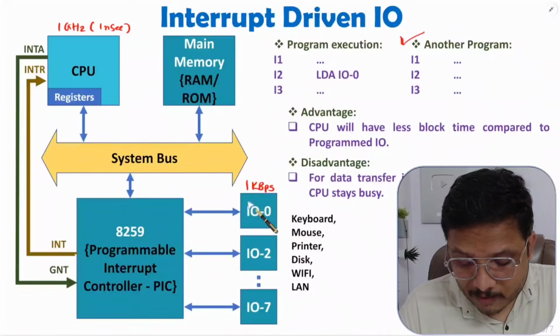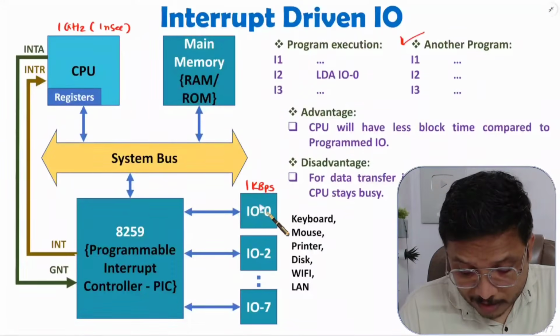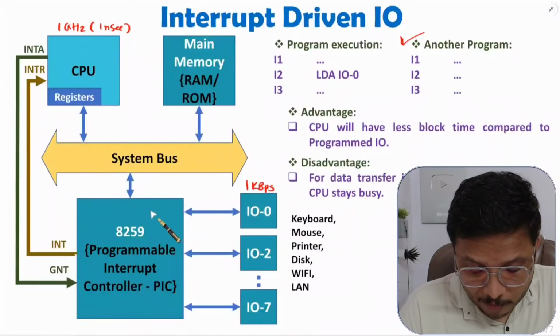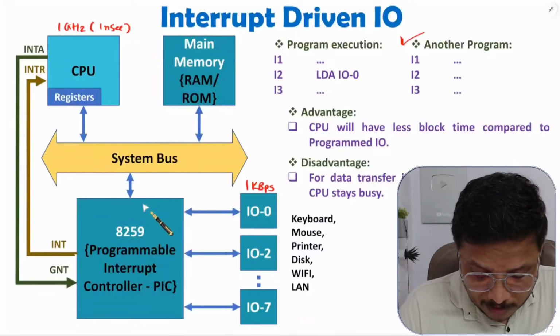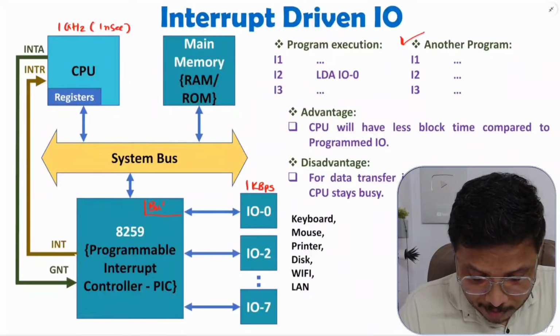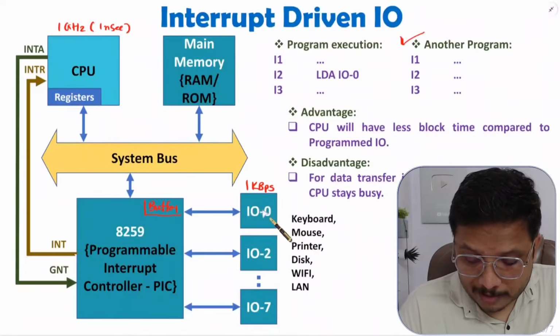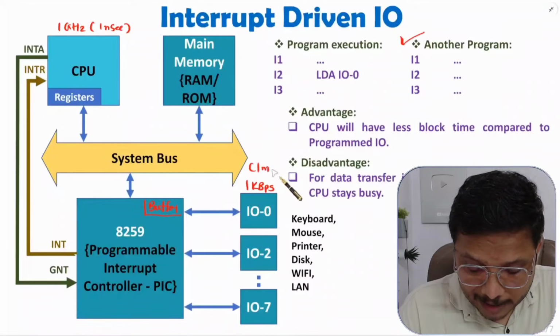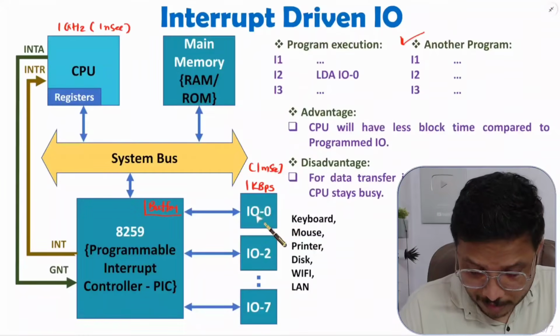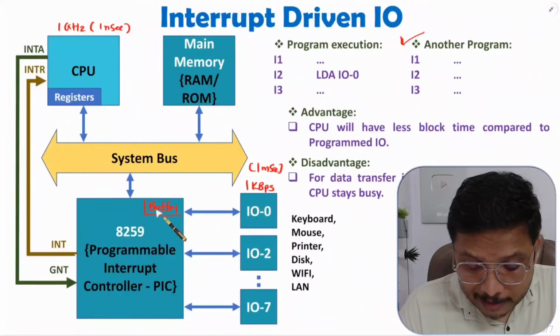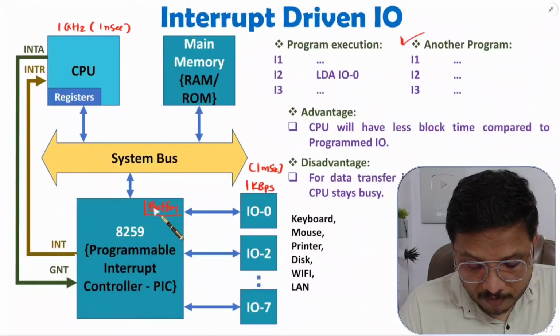Once the IO port receives that request, it gives that data to the 8259 IC, and you will observe there is a buffer in the 8259 IC. The IO port takes 1 millisecond only, as it is slow, and it fills that data into this buffer.